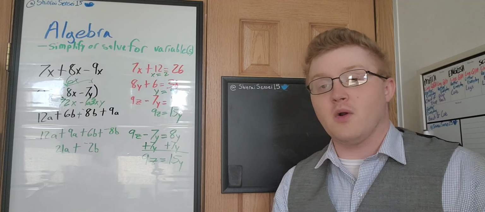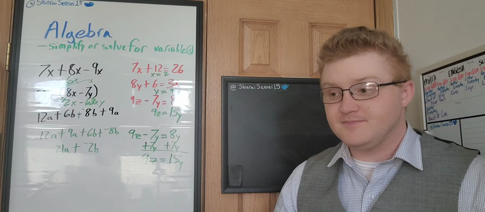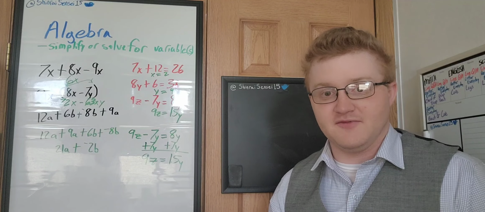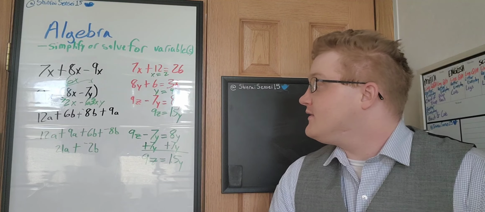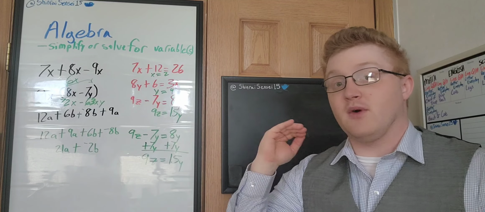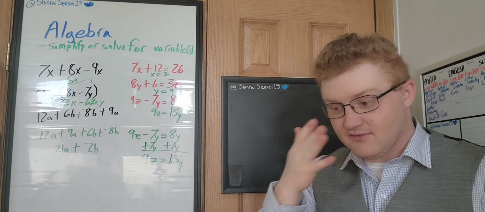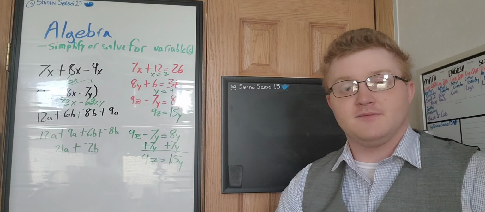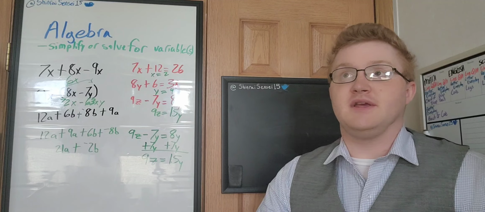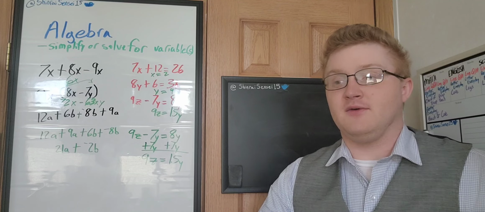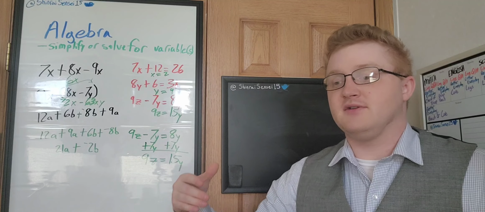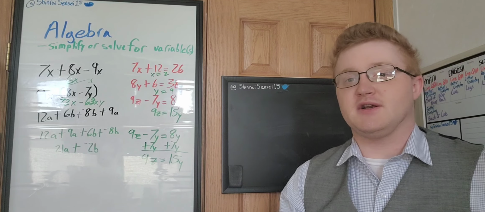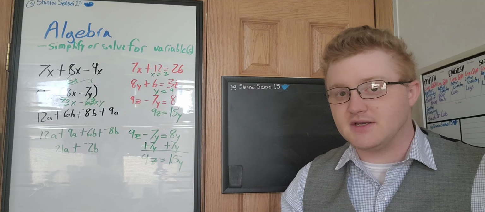When it comes to having 2 or more variables in an equation, you're only ever going to be able to simplify. But in an expression, unless you are told a value, you can never simplify down to a single number, right? Because so long as there's a variable in an expression, there will remain a variable in that expression if there's no value to substitute.